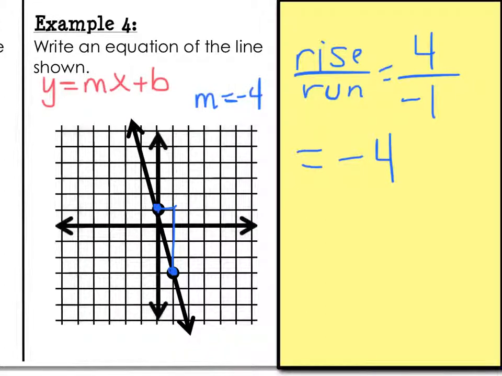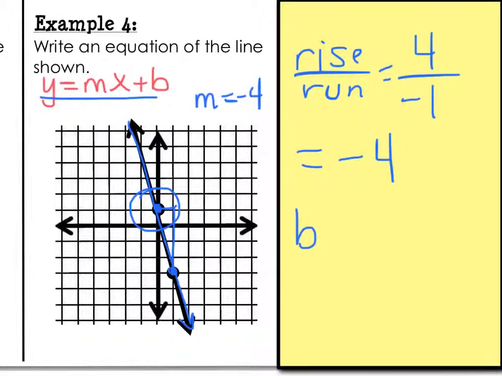And we can also tell that our slope is negative because reading from left to right, as we traverse our line from left to right, we are heading down. And so that tells us that we have a negative slope. All right, the last thing that we need in order to get our linear equation is our y-intercept, or our b. And so we look to see where our line crosses our y-axis, and it crosses it right here at y equals 1.